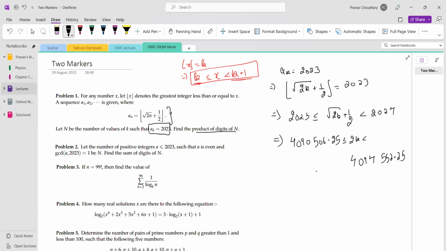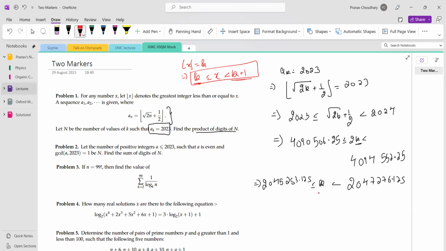Since k should be an integer, let's just divide by 2 first so that it's not confusing. So this would be 2047276.125, and the other thing would be 4090506.25 divided by 2, which is 2045253.125.